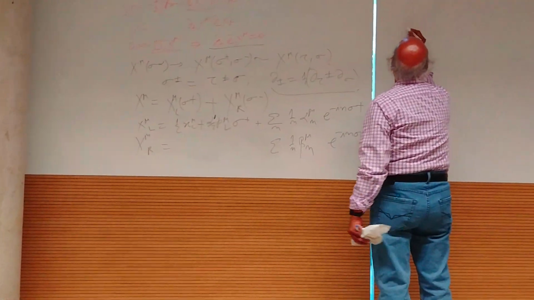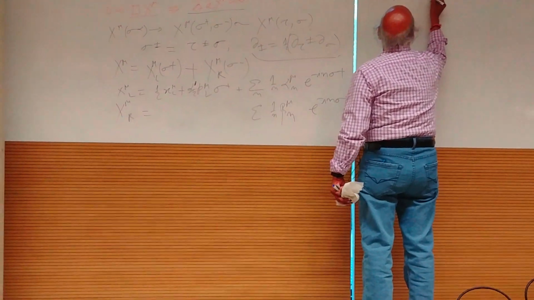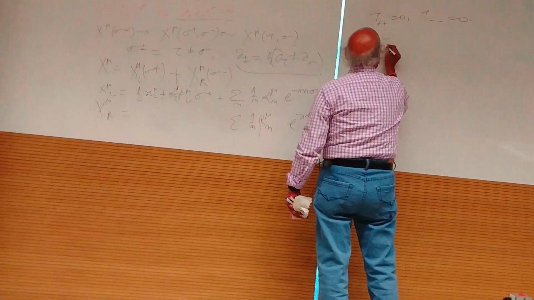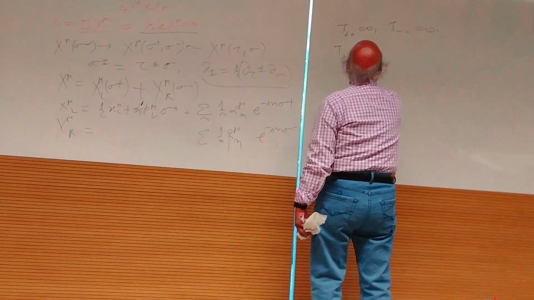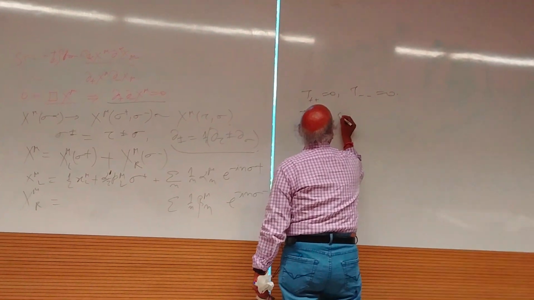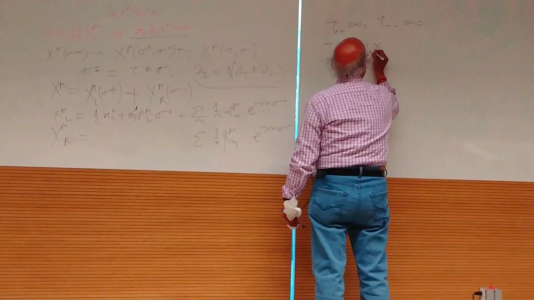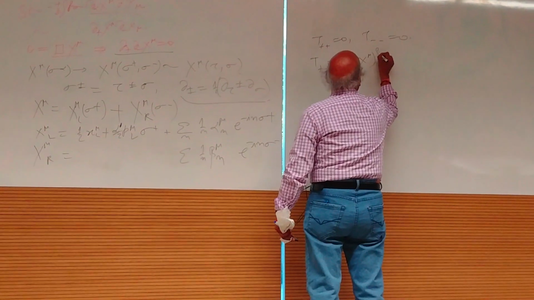Now this theory has T plus plus equal to 0 and T minus minus equal to 0. T plus plus is the plus plus component of the energy momentum tensor, and this is del plus X mu whole square.